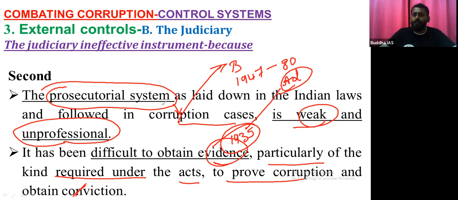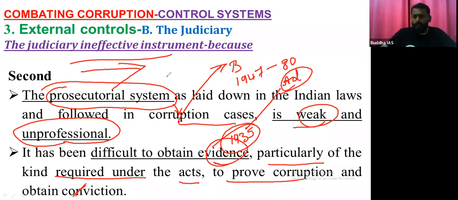The major reason is they also have to follow certain procedures, laws. As I already explained, the judiciary cannot take its own decision. It follows certain laws. It punishes based on some laws and codes.